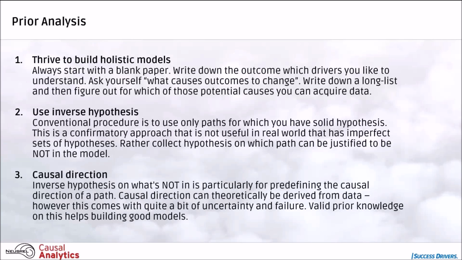However, they are used in a kind of pre-analysis stage, and you can use that to test the remaining paths where you are pretty unsure about the causal directions. So that's what you need to do before doing any analysis, before looking into the data.